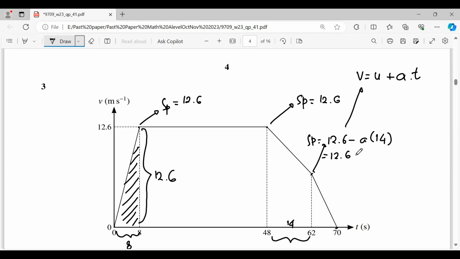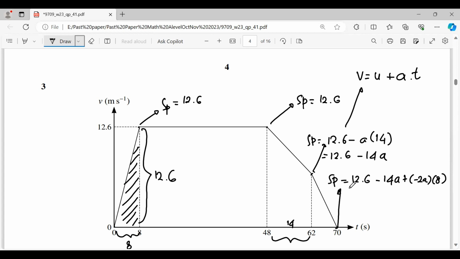So it is 12.6 minus 14a. Next, this speed until here decelerates. Speed equals 12.6 minus 14a, plus minus 2a times 8. And it is 0.